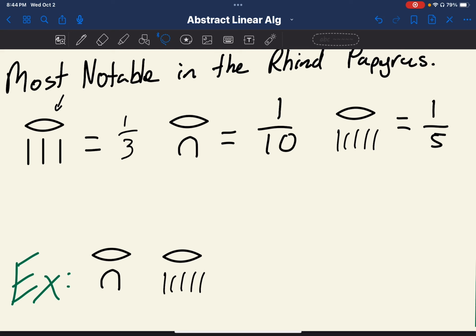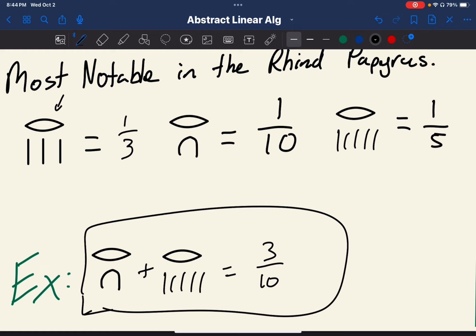We're going to add those together. I'm just going to use our addition sign, and that's going to end up equaling, normally they would just write this. We can think of this as 3/10, right? Because 1/5 is 2/10, and 1/10 is 3/10. And that is a way that they would denote 3 out of 10 things.